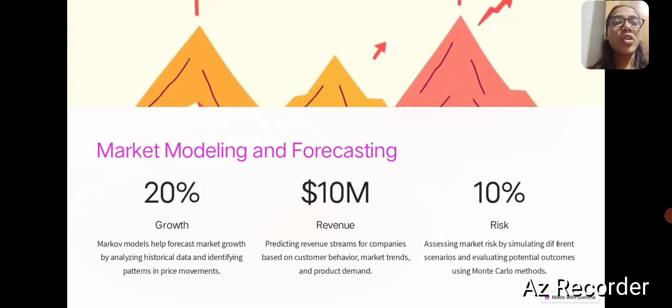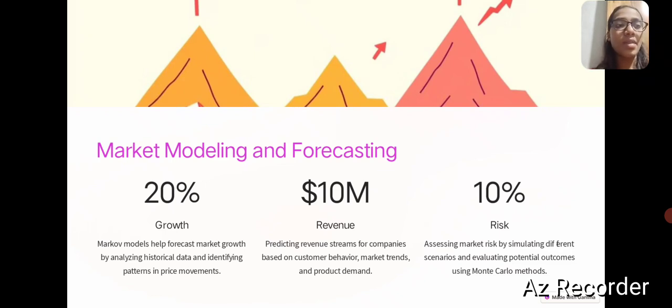Market modeling and forecasting. 20% growth. Markov models help forecast market growth by analyzing historical data and identifying patterns in price movements. Revenue 10M. Predicting $10M revenue. Predicting revenue streams for companies based on customer behavior, market trends, and product demand. 10% risk.